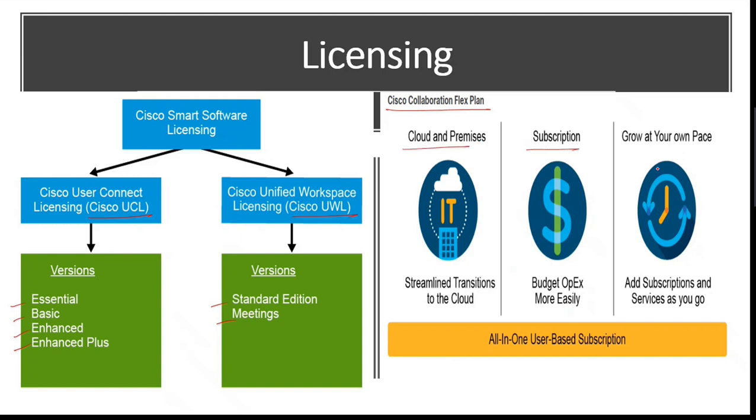It is a subscription, so it is pay as you go. You can grow at your own pace, which gives you a streamlined transition to the cloud. Budgeting operational expenditure is easier. You can add subscriptions and services as you go, and you can always upgrade or downgrade based on the requirement.